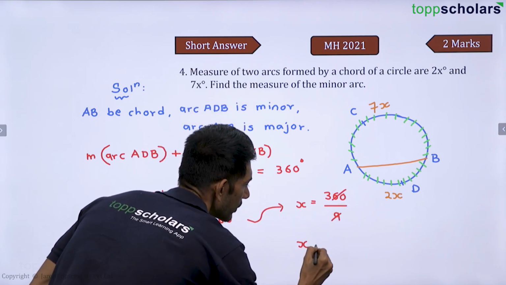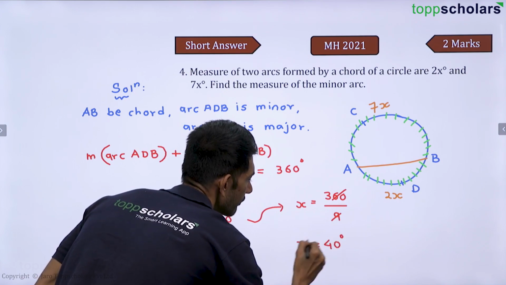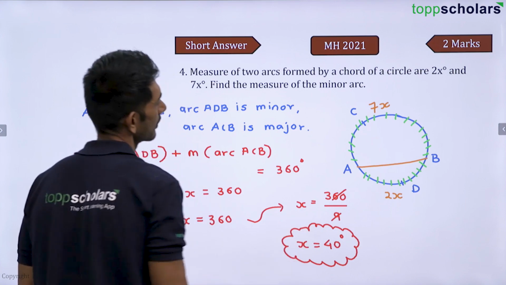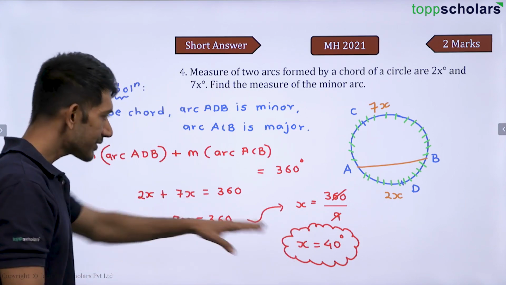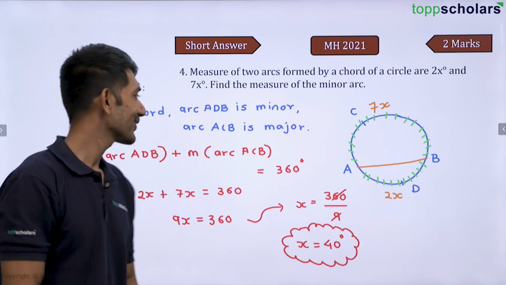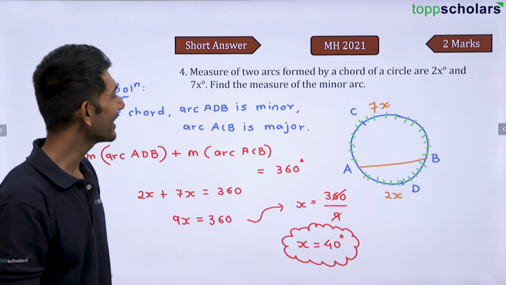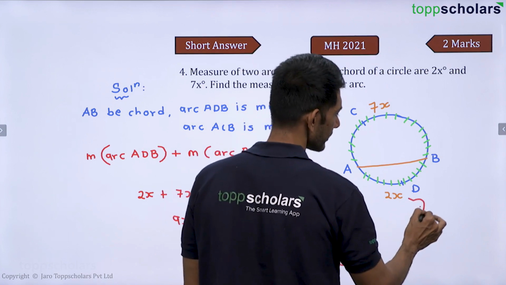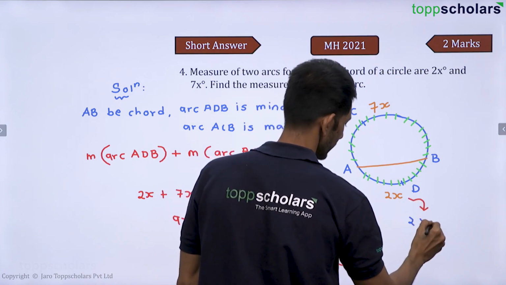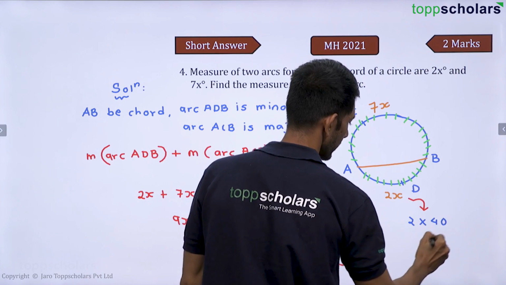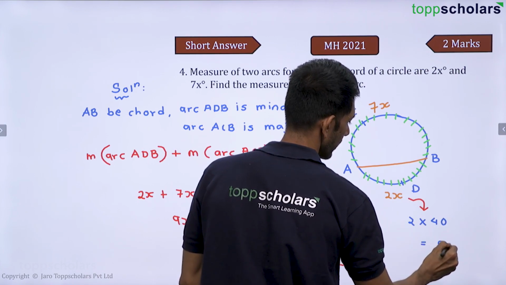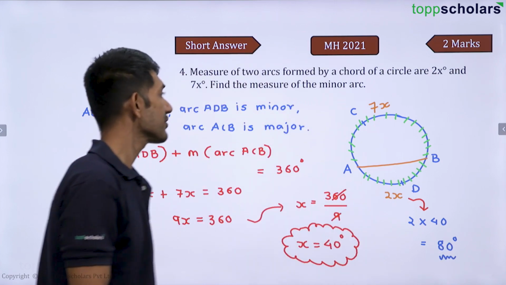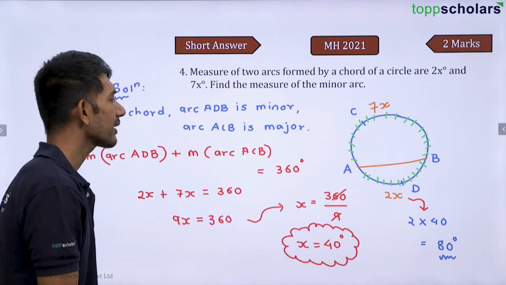So x will be equal to 40 degrees. Now is x equal to 40 the final answer? No, it is not the final answer. We needed the minor arc. So let's ignore 7x. Let's focus on 2x only. That gives you 2 into 40. And that is 80 degrees. So the measure of the minor arc is 80 degrees.